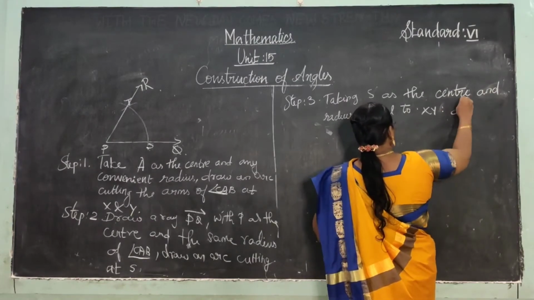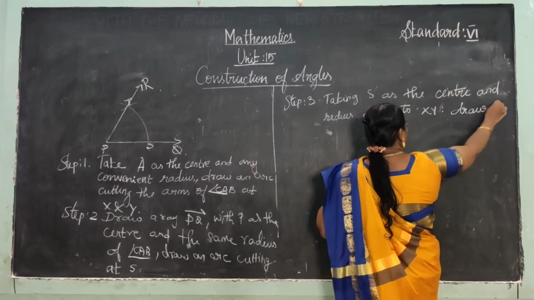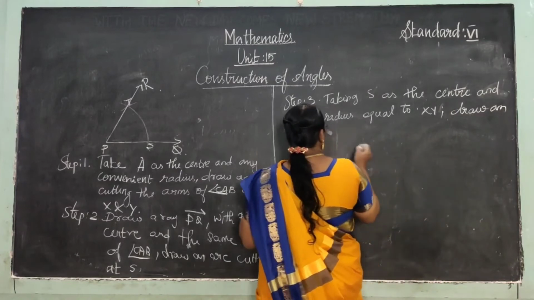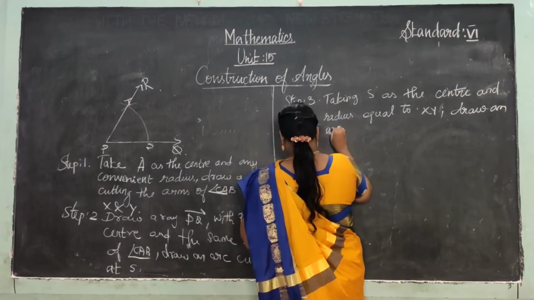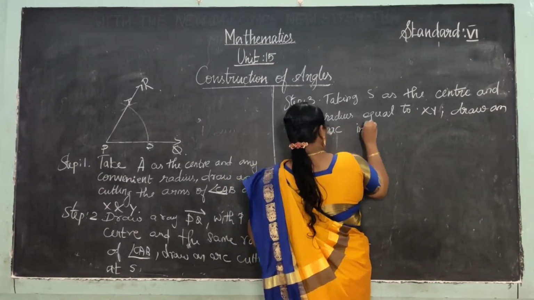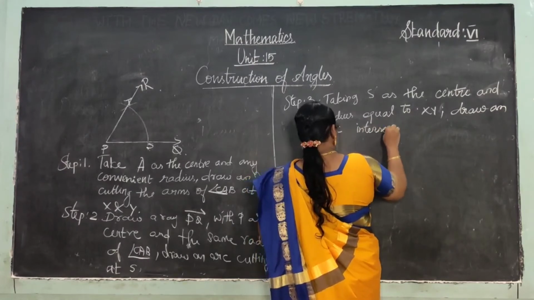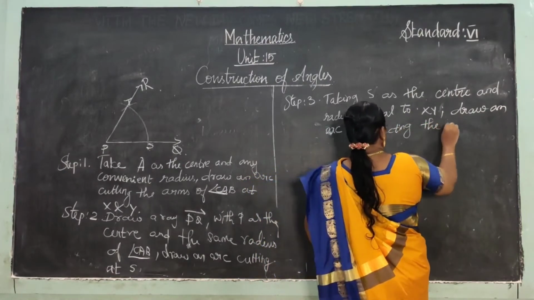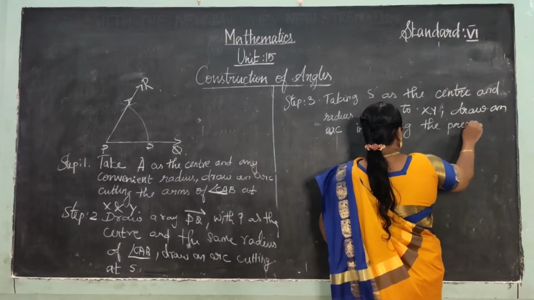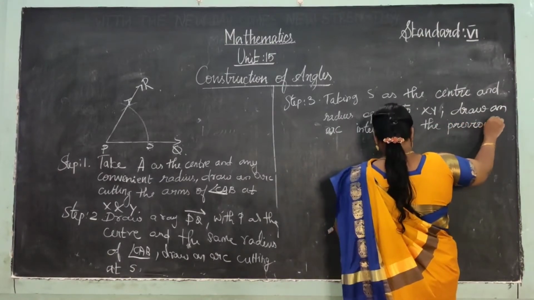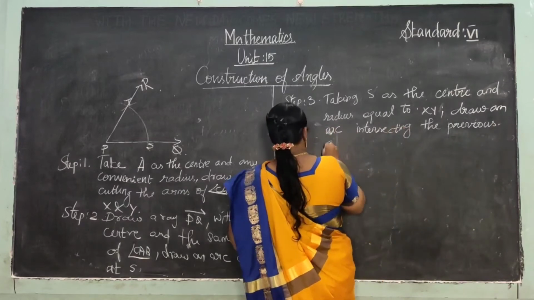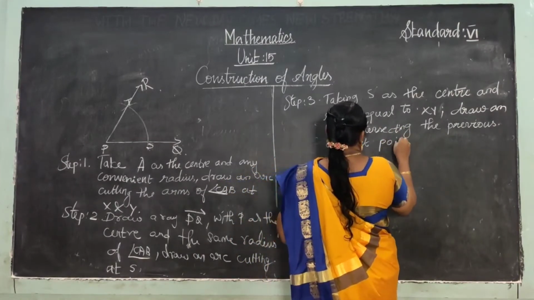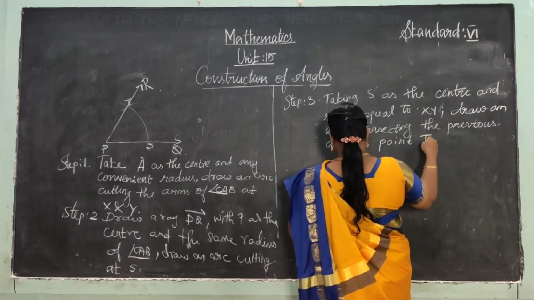Then draw an arc of radius XY, intersecting the previous arc at a point T.